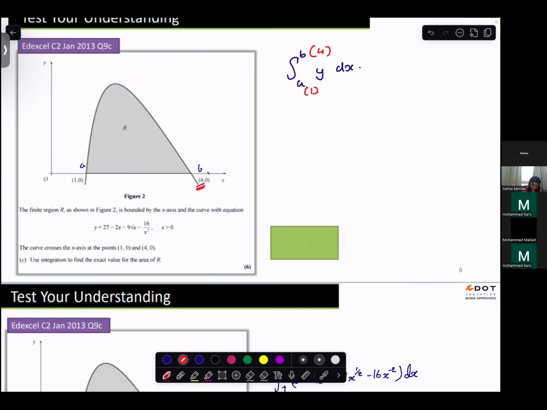Okay, so this is my y. My y is 27 minus 2x minus 9 root x minus 16 by x square. And they are saying your x is greater than 0. I want to integrate this function. What is my rule number 1?